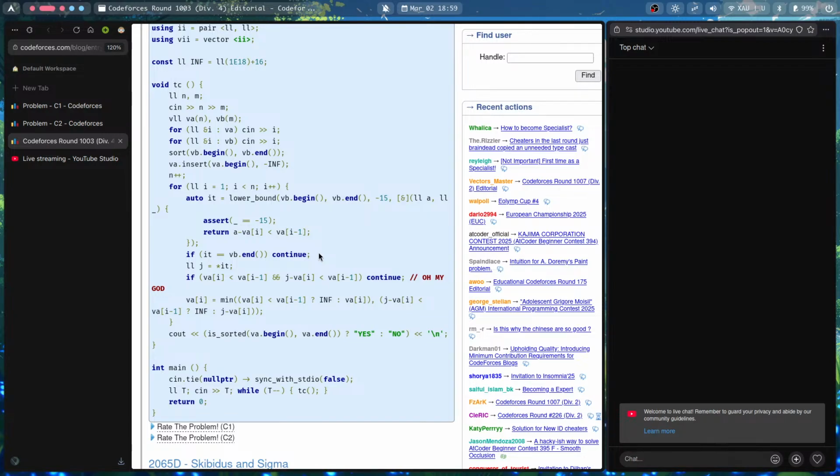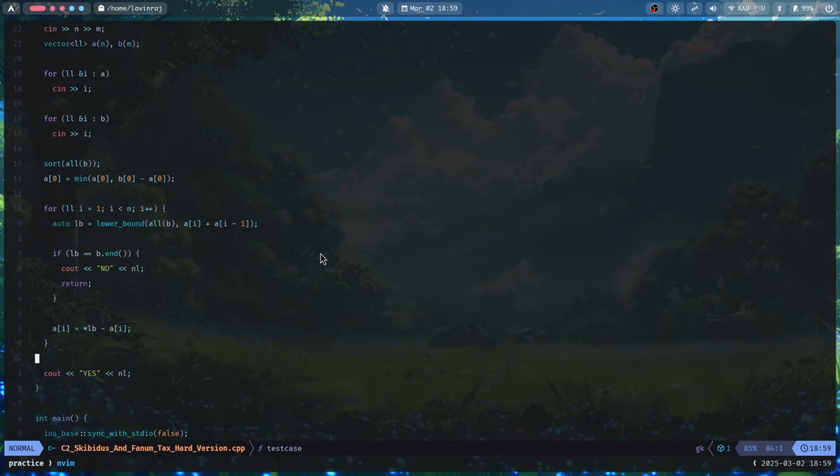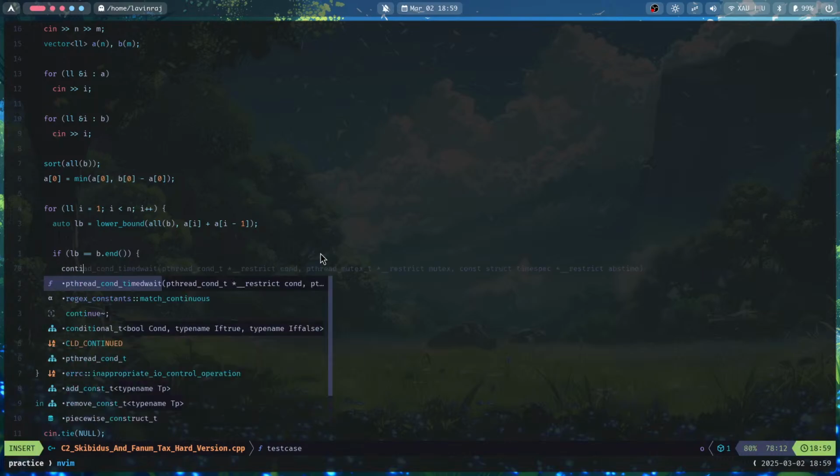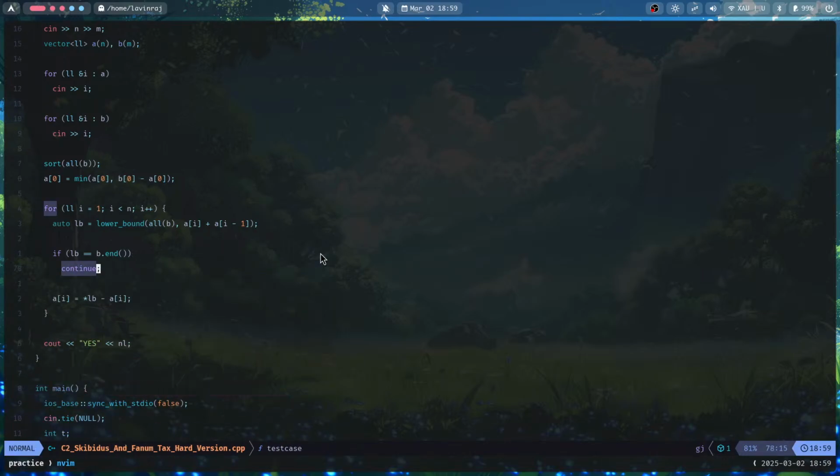What? Okay, now I got it. Where we have the bug. We just have to continue the process because if that value is already bigger than the previous one, we don't need to find the lower bound.